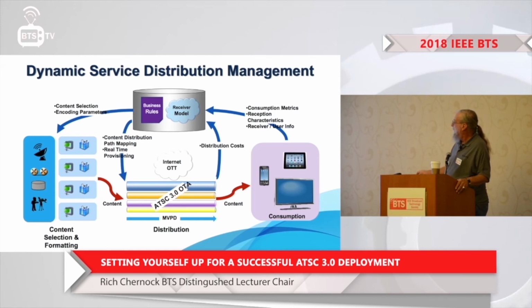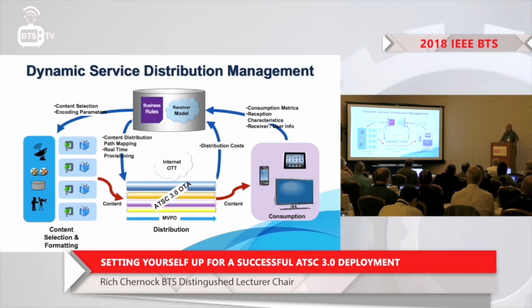And then you can take this and turn it back into the content selection and formatting function. So you can start, instead of spraying and praying, you can start paying attention to what's being used, what's being viewed, how it's being viewed, what it costs you to get things to places, and start building models that allow you to dynamically manipulate your distribution and your content to maximize your business.